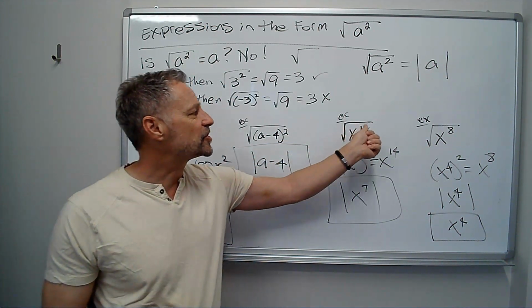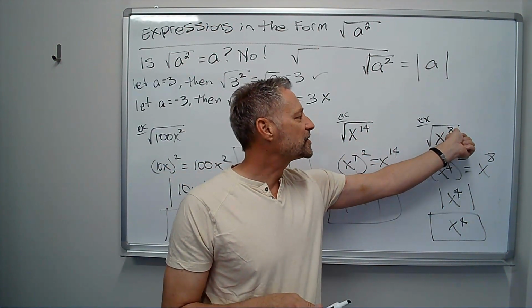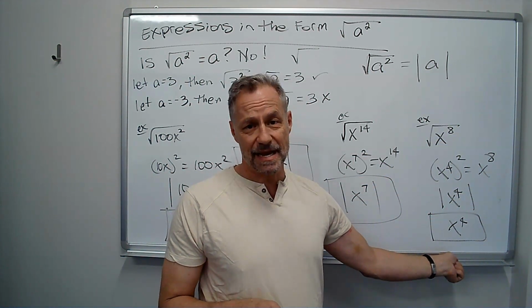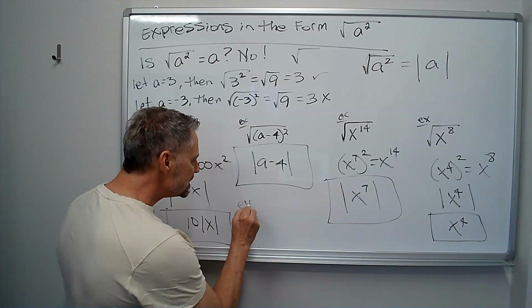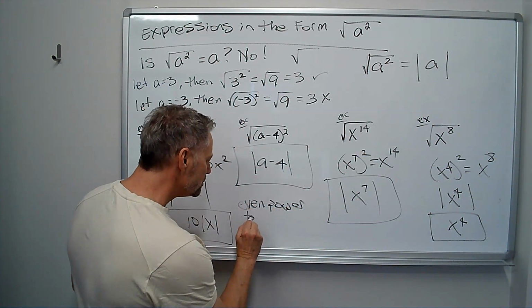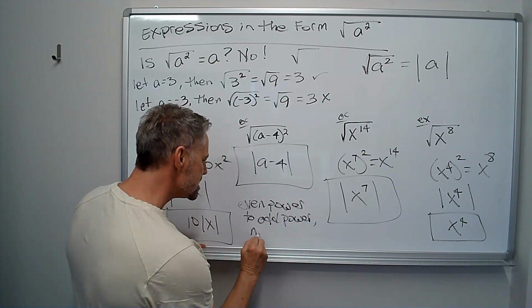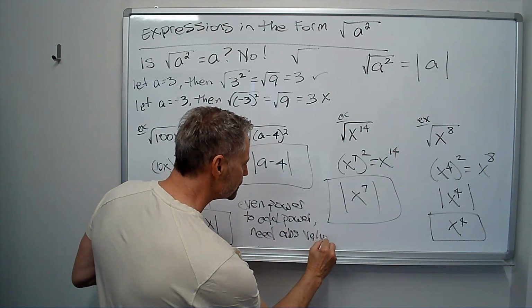But if we start with an even power and end with an even power, we don't need the absolute value. So let's say something like this. Even power to odd power, need absolute value.